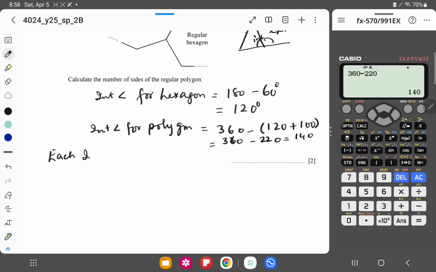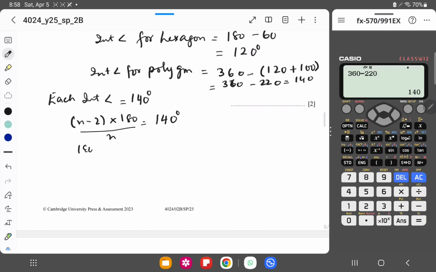You can also find each interior angle with the exterior angle if you want. Each interior angle is equal to 140 degrees for the polygon. So (n minus 2) times 180 degrees over n is equal to 140 degrees. 180n minus 360 is equal to 140n. 180n minus 140n is equal to 360, so 40n is equal to 360.